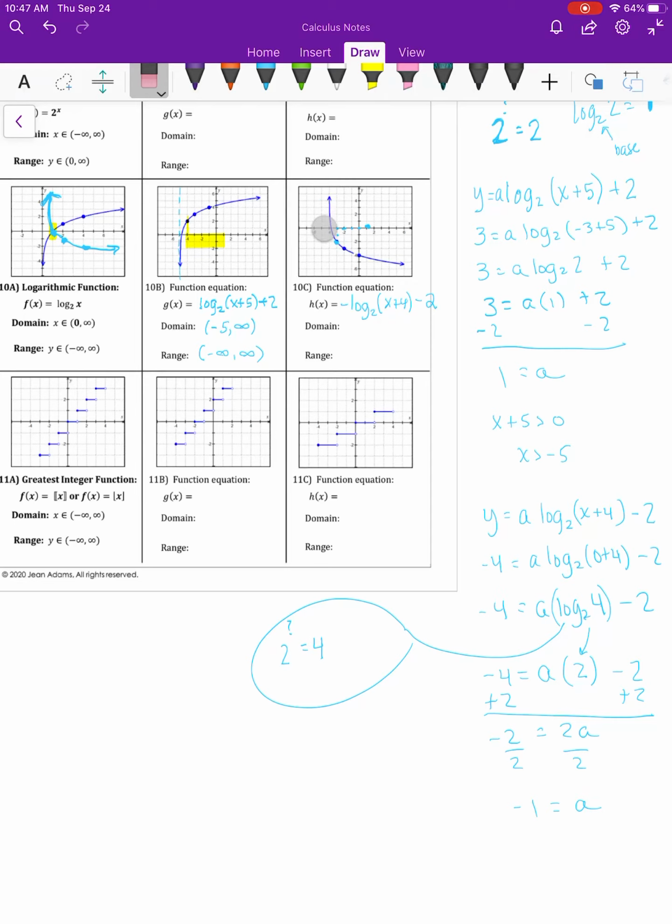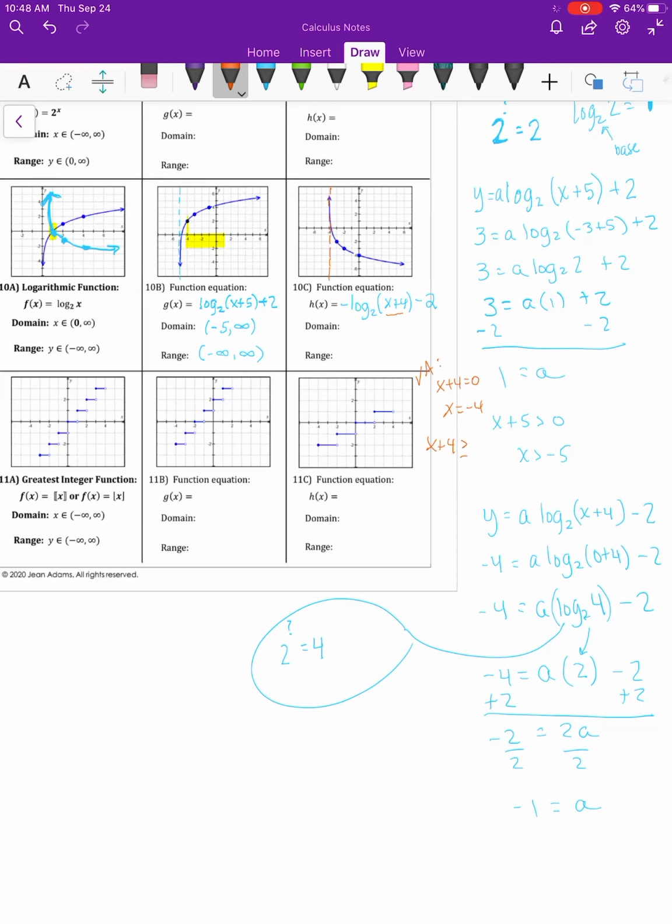And just to look at, I'm going to erase that and look at our vertical asymptote. Remember, our vertical asymptote can be found by taking this argument and setting it equal to 0. That does give you your vertical asymptote.